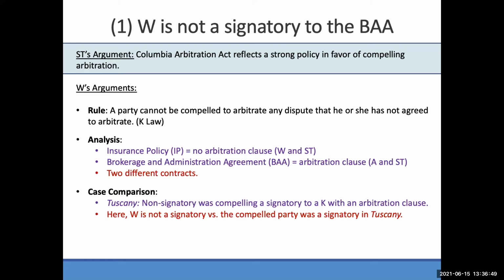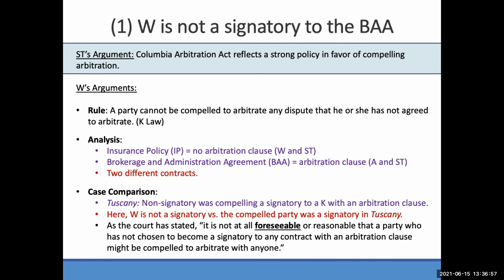And here we're going to say it's different than the Tuscany case because W is not a signatory, right? Versus the compelled party was a signatory in the Tuscany case. And as the court had said in the Tuscany case, it is not at all foreseeable or reasonable that a party who has not chosen to become a signatory to any contract with an arbitration clause might be compelled to arbitrate with anyone.